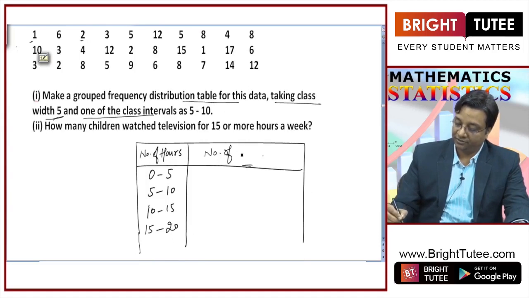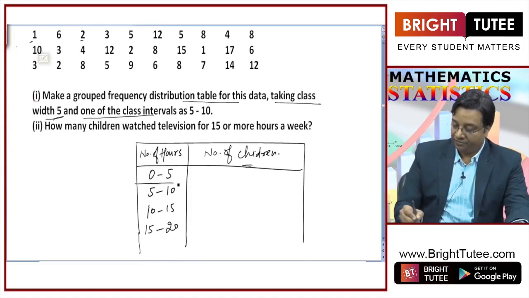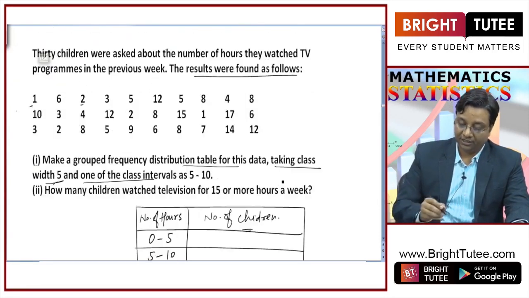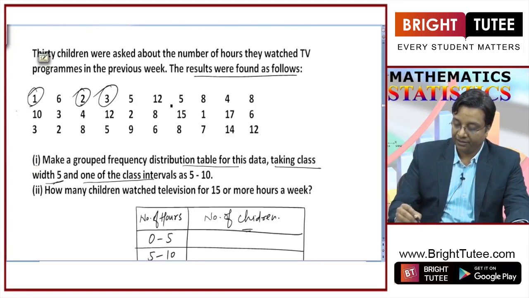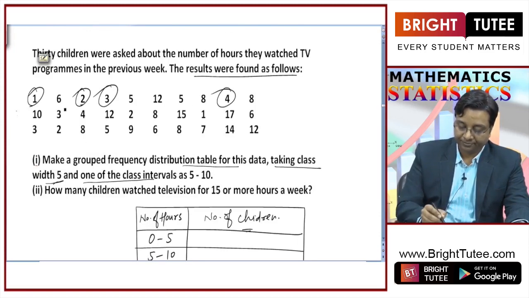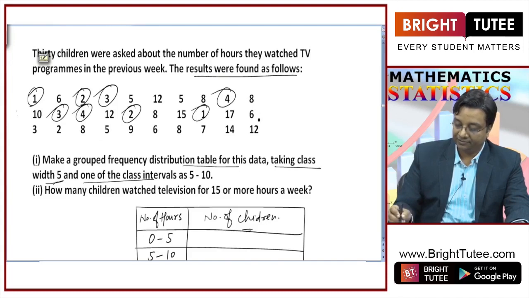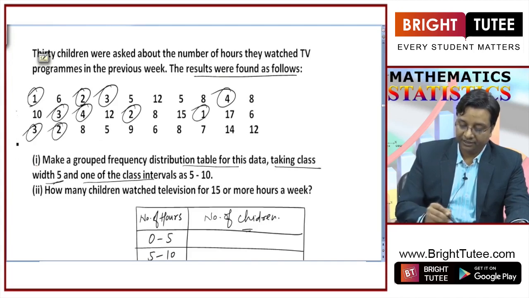Number of children who watched TV between 0 to 5 hours is 1, 2, 3, 4, 5, 6, 7, 8, 9, 10.